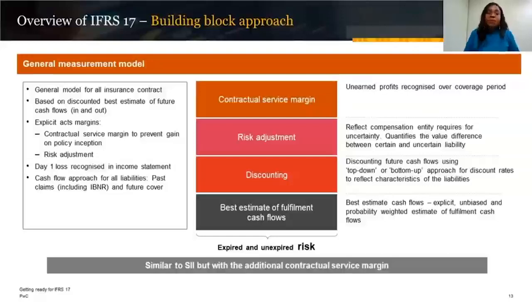And then you amortize that and recognize it as insurance revenue over the life of the contract. However, if it's negative, which means you expect the contract to be loss-making over its life, then you recognize that in your P&L as a loss at inception of the contract.